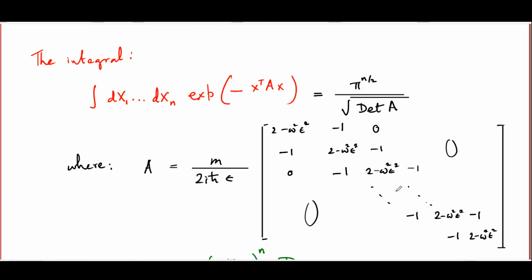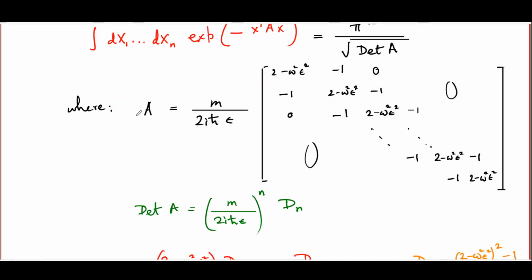Other than that, this matrix is very, very similar. And the way in which we can calculate its determinant is also very similar to what we did for the free particle case. Now it's obvious that the determinant of the matrix capital A happens to be determinant of this matrix that you can see here times this constant to the power small n, where small n of course is the size of the matrix.